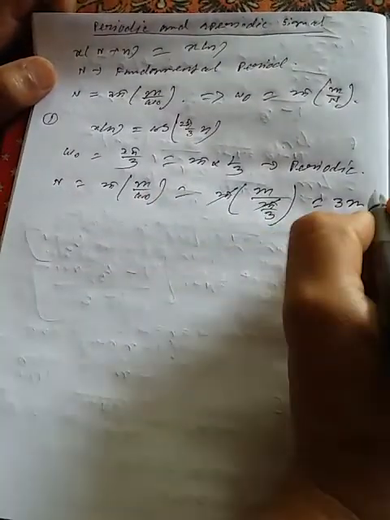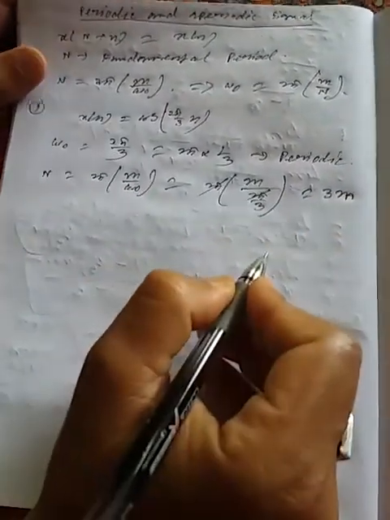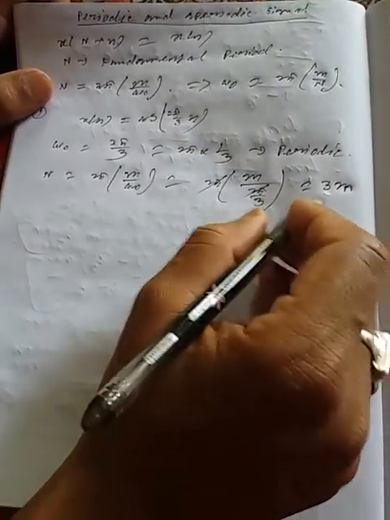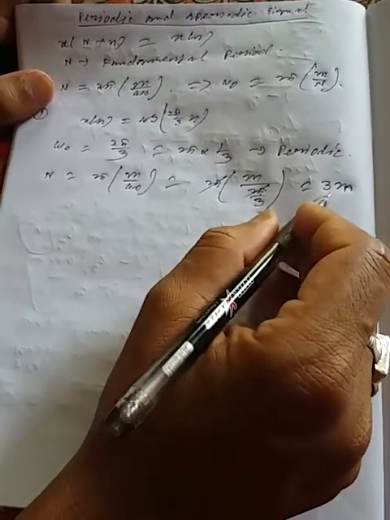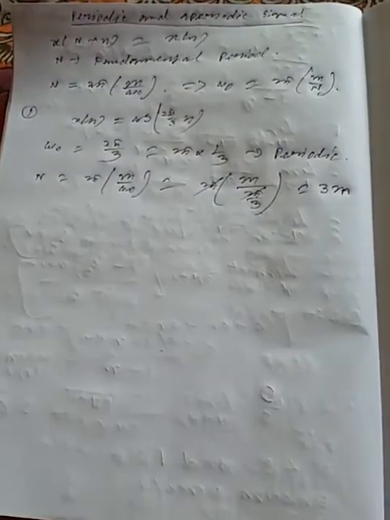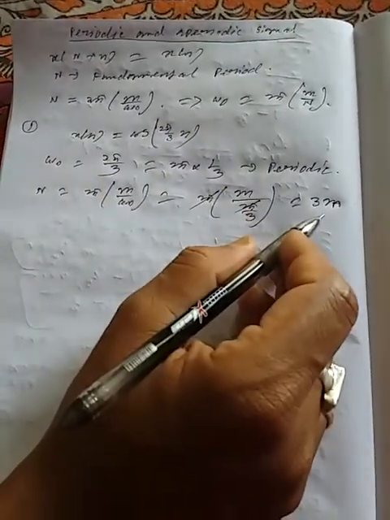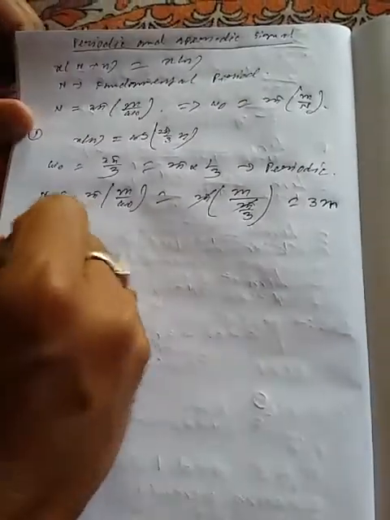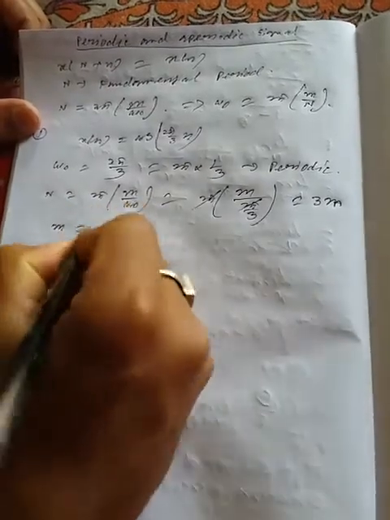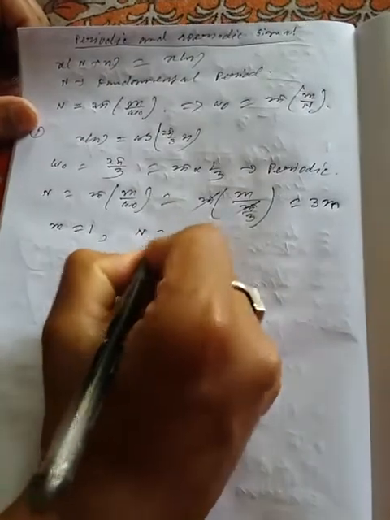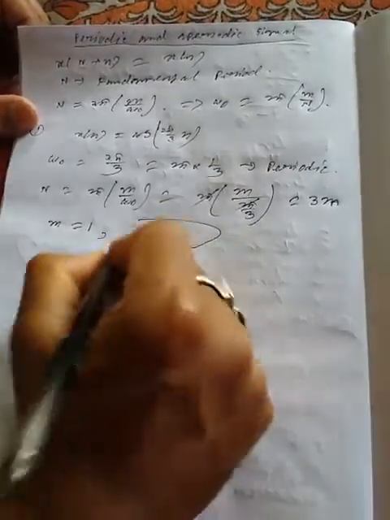Since m is any integer, for the fundamental period we take the least value of m for which N is an integer. The least value of m is 1, when N equals 3. So this is the fundamental period of the given signal.